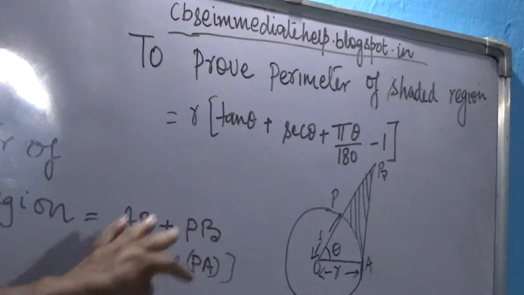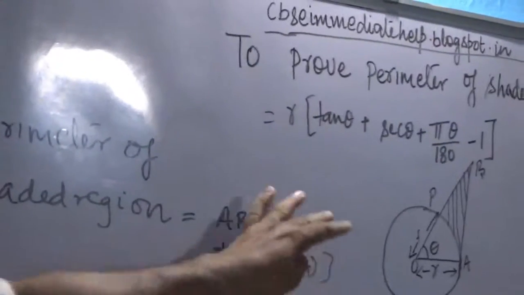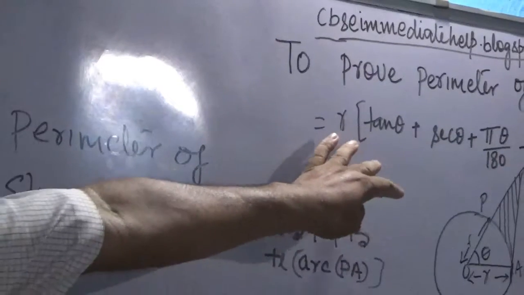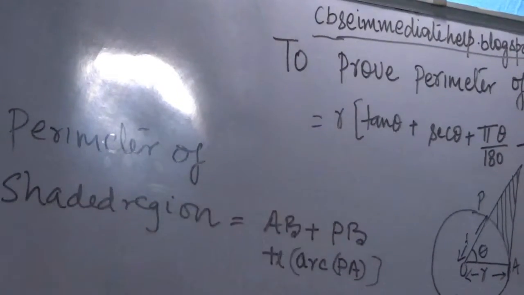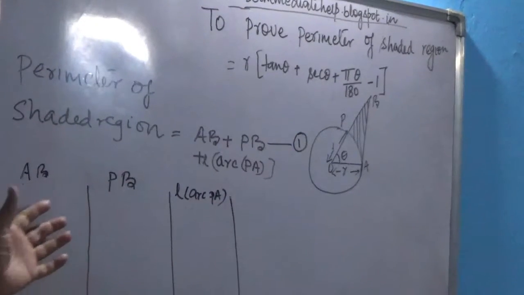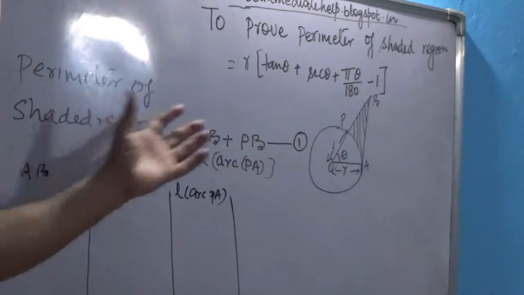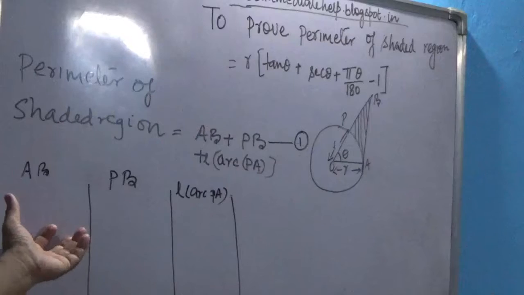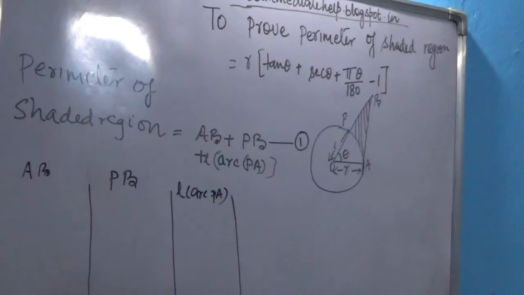So we have to separately find them out, and then finally we will add them up, and then we will get this answer. So now let's find out these three terms separately, और उसके बाद उन तीनों को जोड़ देंगे.